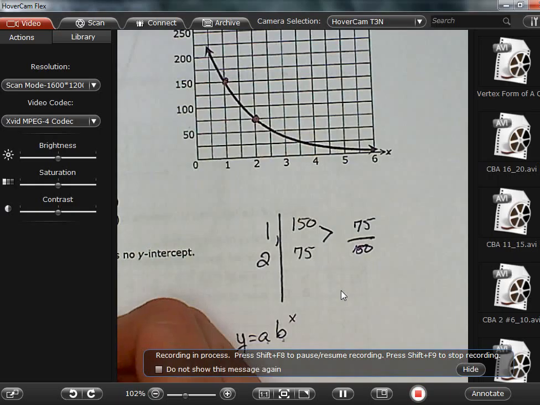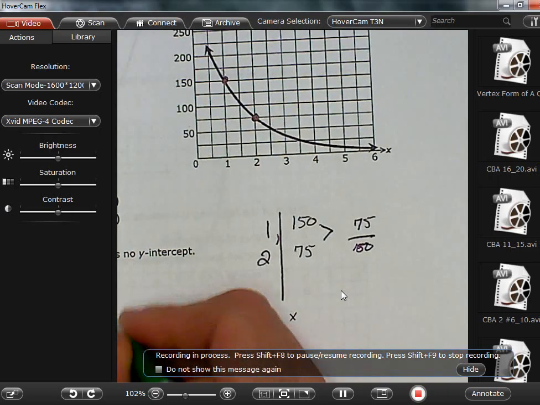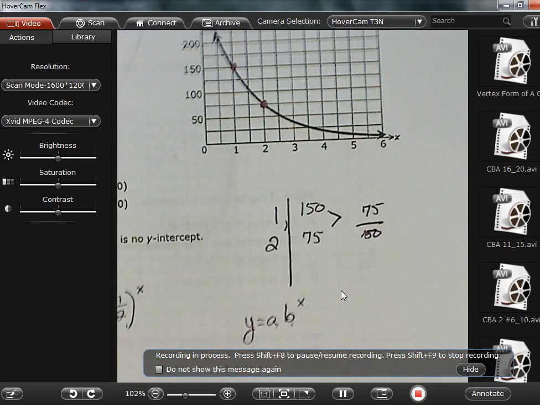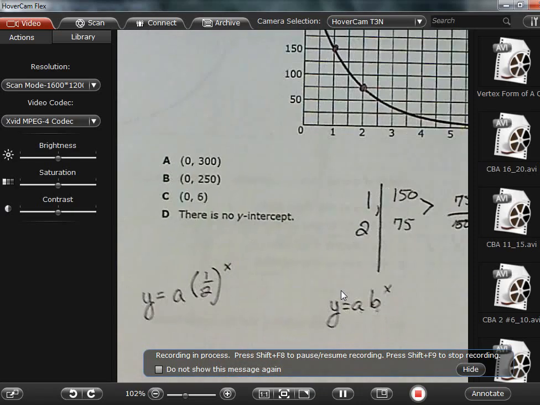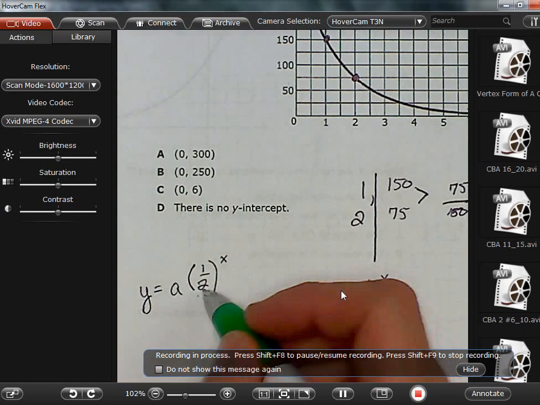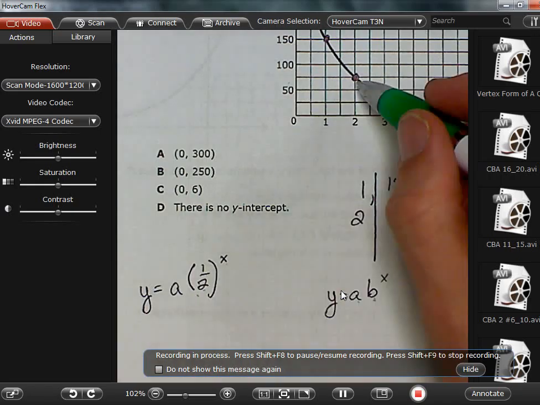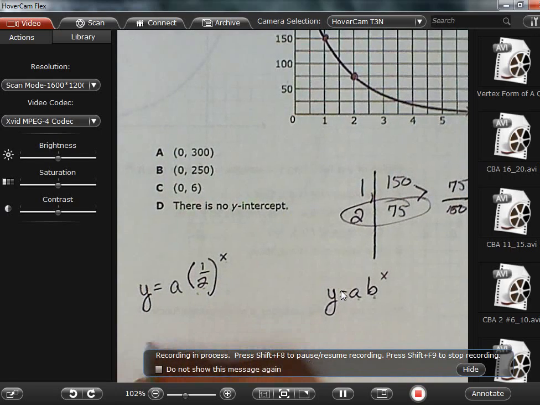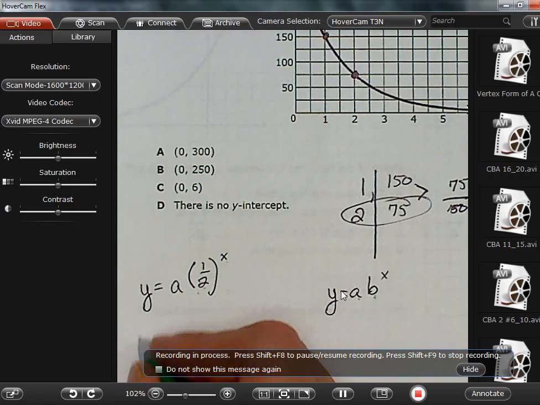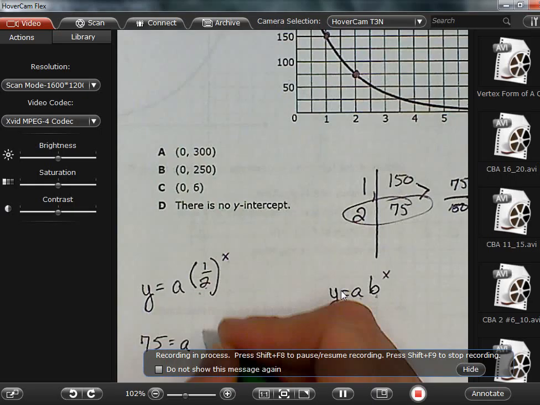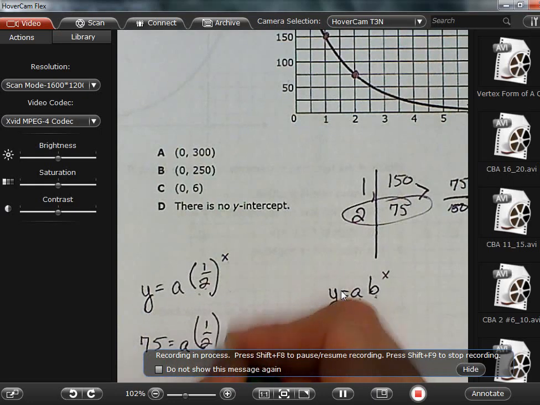So y is equal to a times 1/2 to the x. So it's a number times 1/2 to the x. Now I'm going to plug these in. I'm going to plug 2 and 75 in. So this is 75. This is a. This is 1/2. And this is 2.